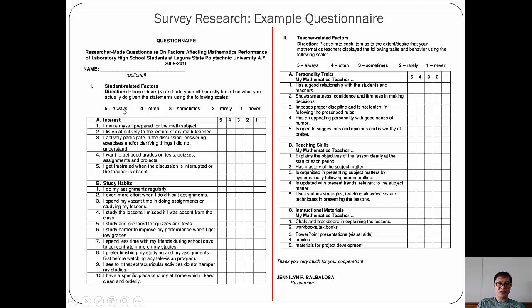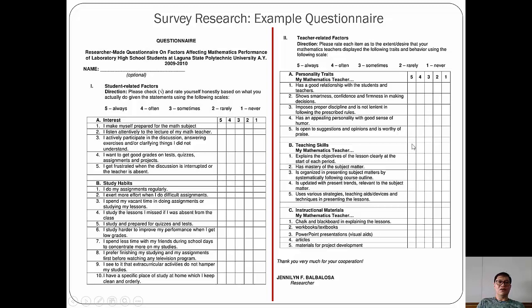Go from maximum down to the minimum. Then you put your interest and study habits, with 5, 4, 3, 2, 1 according to your ratings. Then you have your questions and the students check what they prefer, like: I make myself prepared for the math subject. I listen attentively to the lecture of my math teacher.